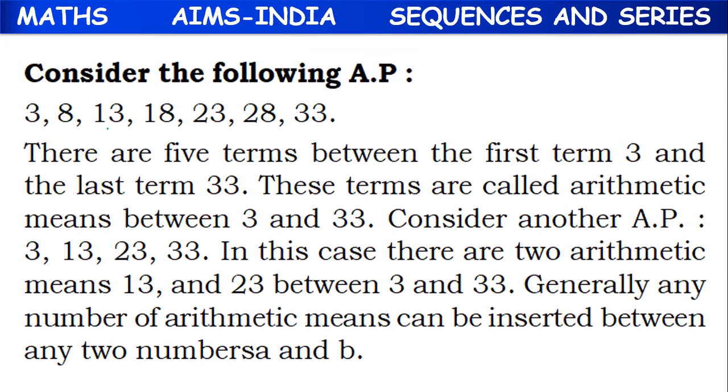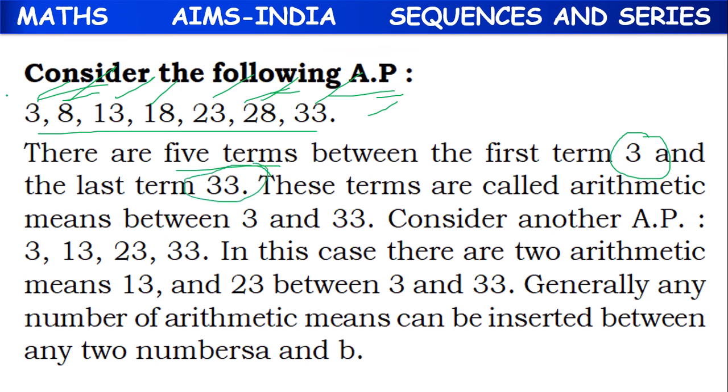Next, consider the following AP. We have 3, 8, 13, 18, 23, 28, 33. These are the terms in AP. So there are 5 terms between the first term 3 and the last term 33. Here 3 is the first term, 33 is the last term.